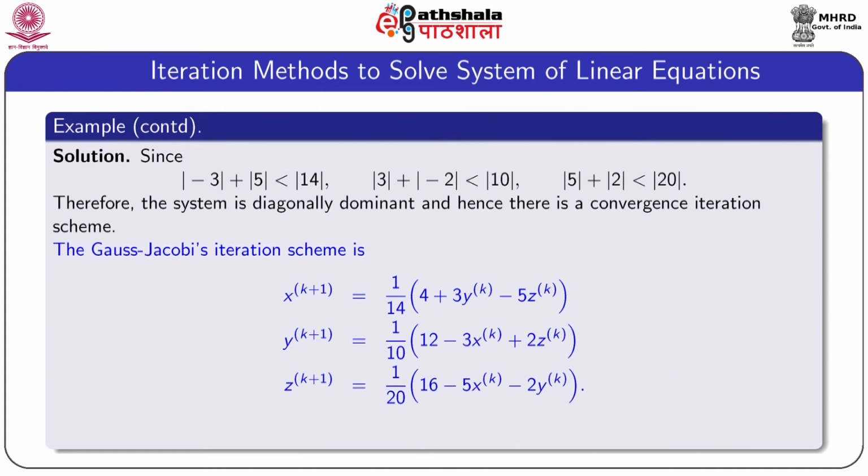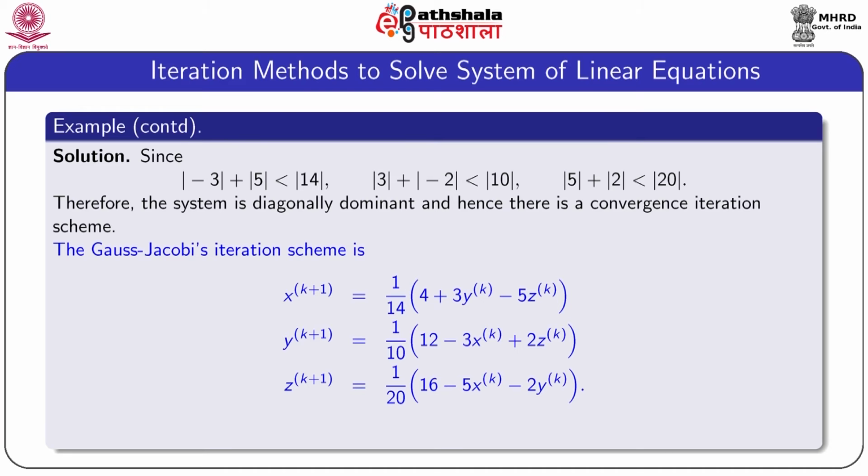Now we write the Gauss-Jacobi's iteration scheme: x_(k+1), the (k+1)th iterated value of x, is given by 1 by 14 into (4 plus 3 y_k minus 5 z_k); y_(k+1) equals 1 by 10 into (12 minus 3 x_k plus 2 z_k); and z_(k+1) equals 1 by 20 into (16 minus 5 x_k minus 2 y_k).